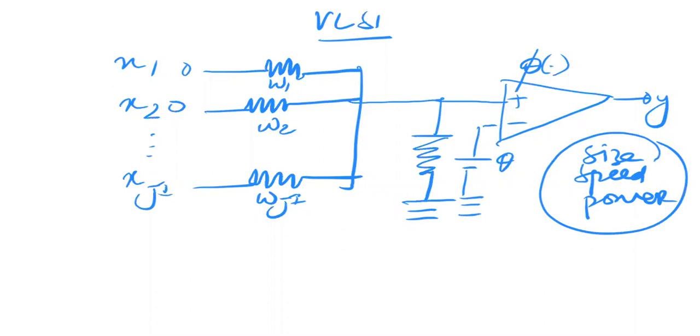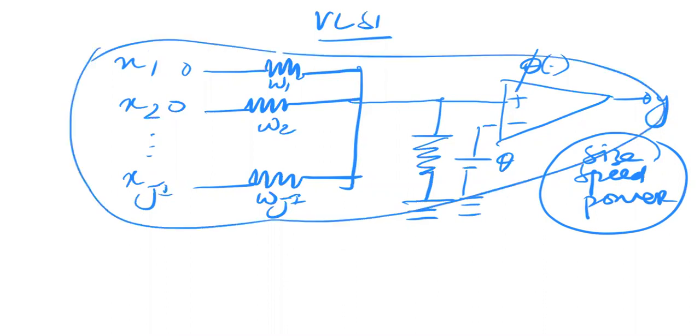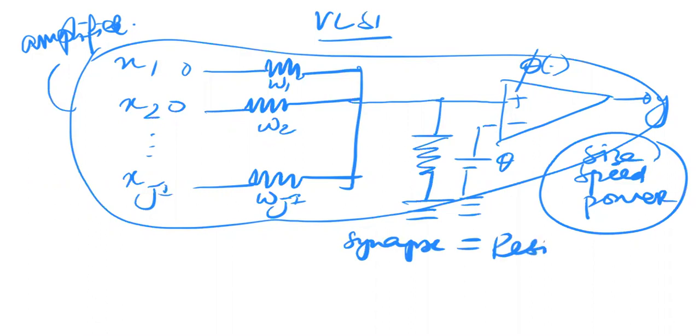So basically, this is your neuron, the simple amplifier, and your synapse is a resistor.